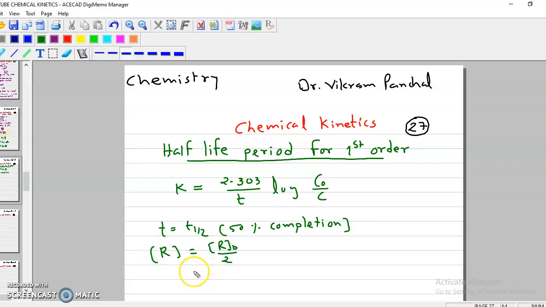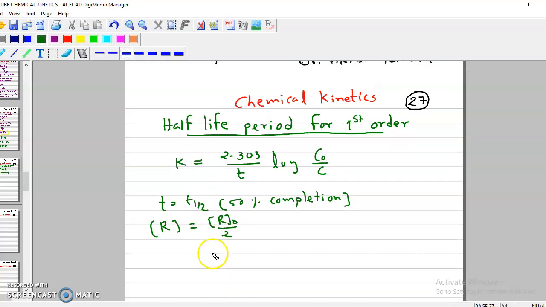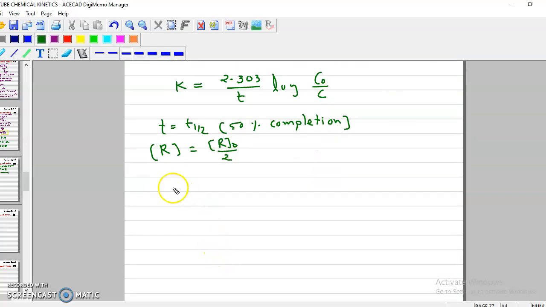So when half of the initial concentration has been used, the time will be t half. Okay, so substitute these values in the above equation.